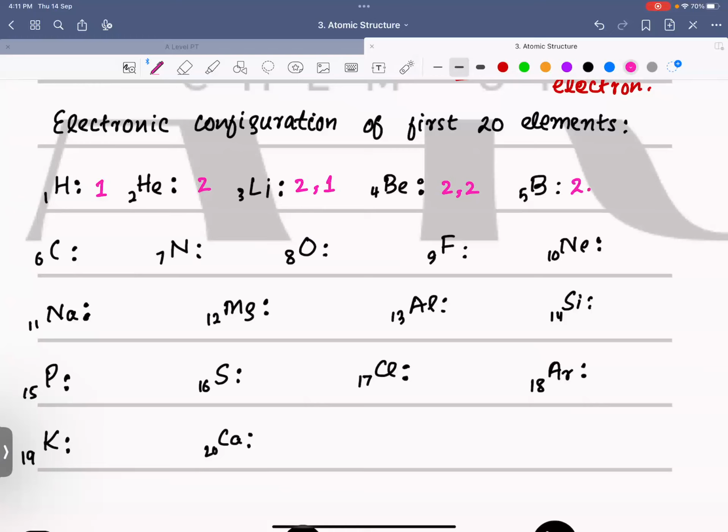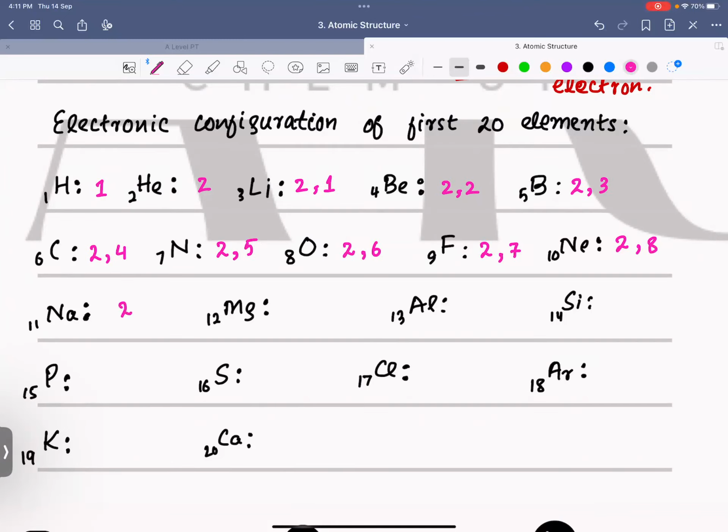So for boron, it is going to be 2,3. For carbon, 2,4. For nitrogen, 2,5. For oxygen, 2,6. For fluorine, 2,7. For neon, 2,8.